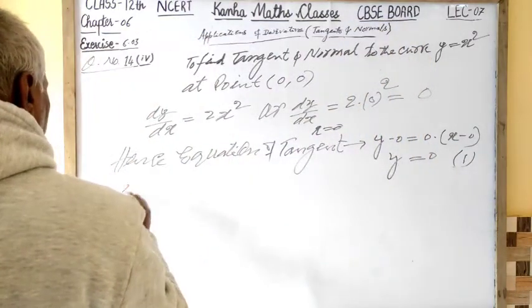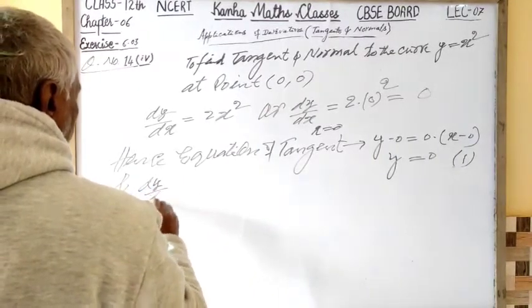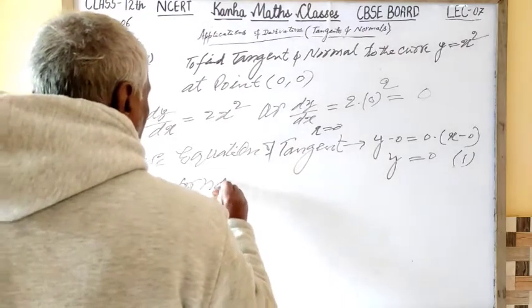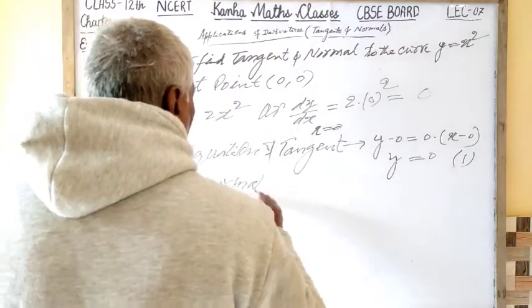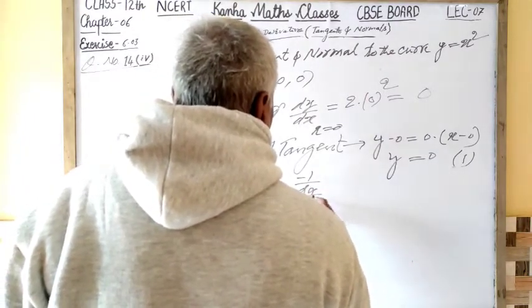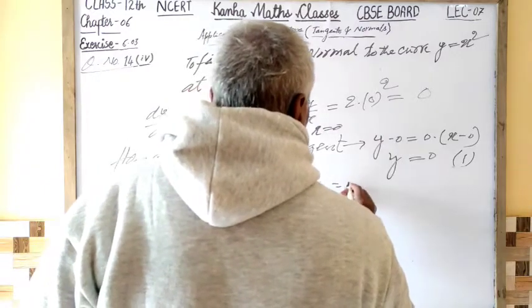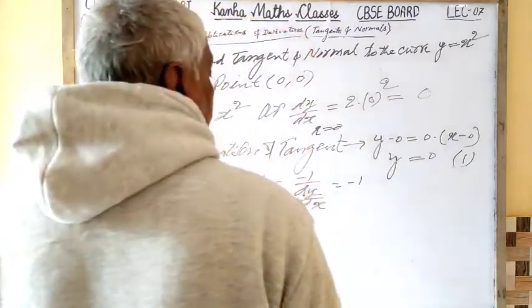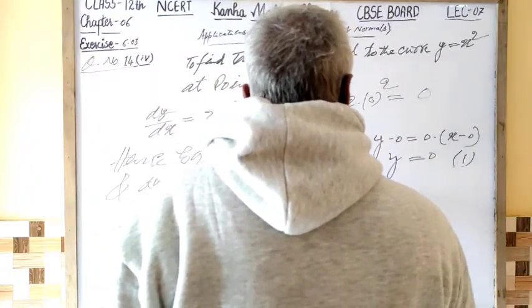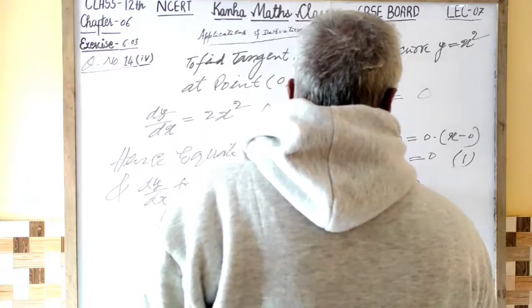And the slope for normal is equal to minus 1 upon dy by dx, that is minus 1 upon 0. This is infinity.